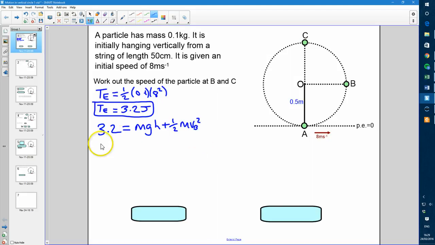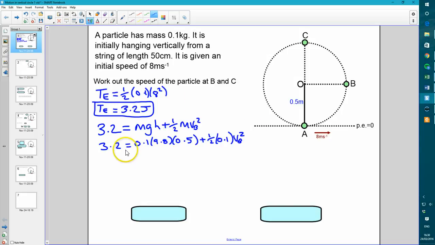So I can substitute the values that I know: mgh is going to be the mass, which is 0.1, times gravity, which is 9.8, times the height, which is 0.5, plus a half of the mass, which is 0.1, and then the velocity of B squared.